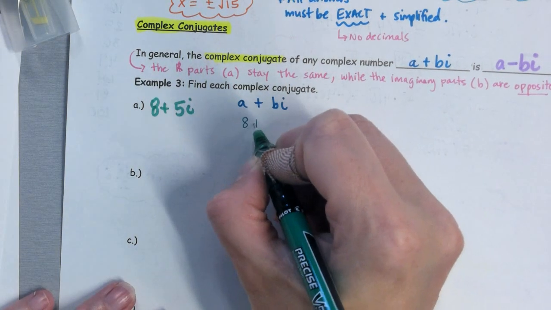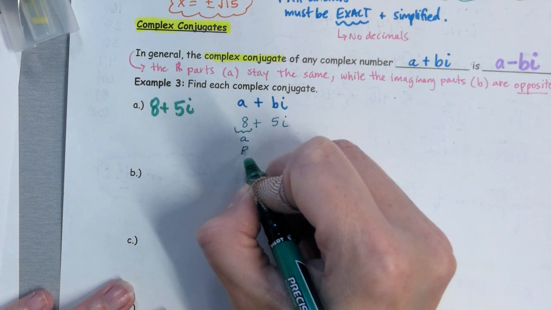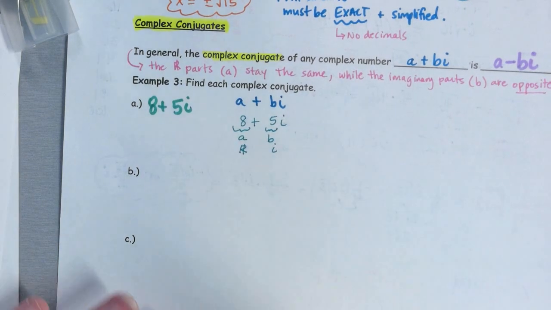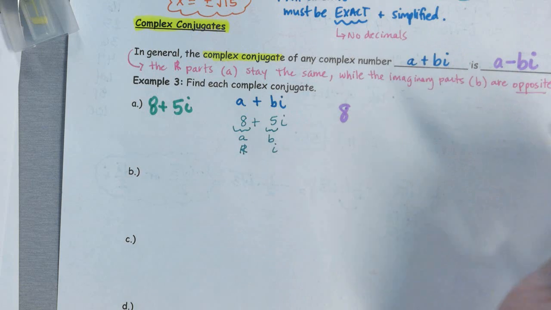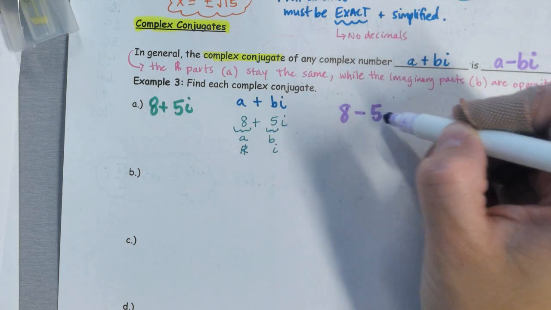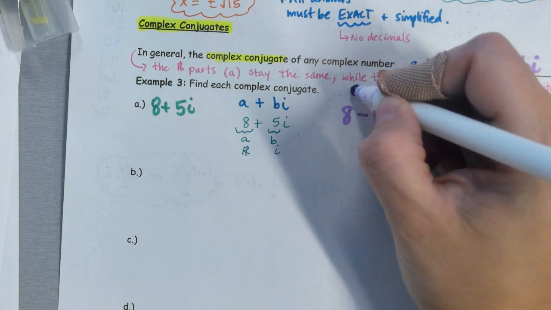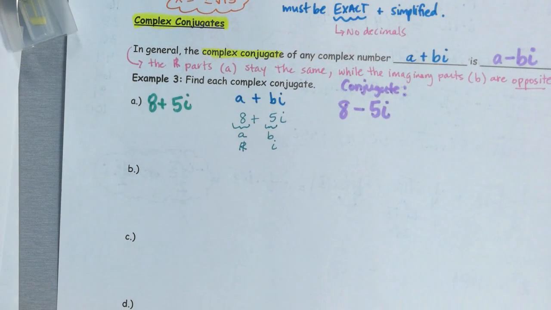This is my a value because it's real. This is my b value because it's imaginary. So then my complex conjugate is just a... oops, we have to write the conjugate. Your conjugate is 8 minus 5i.